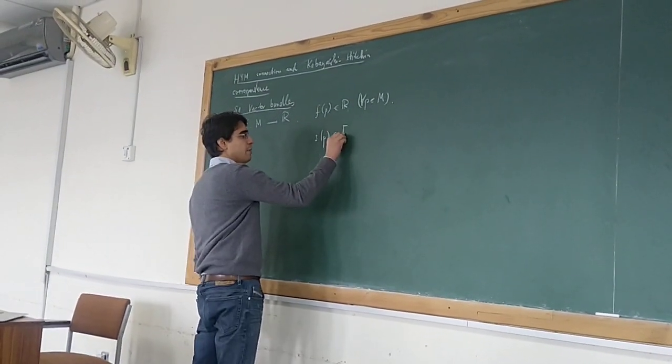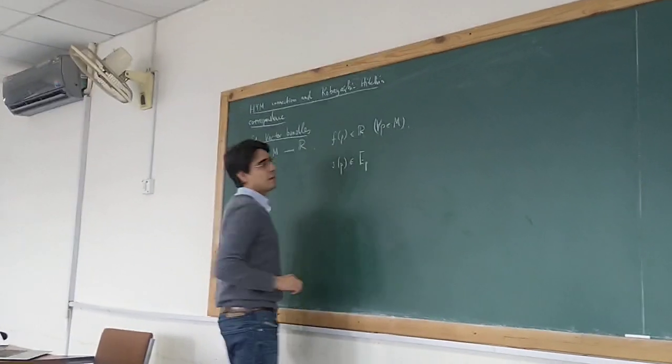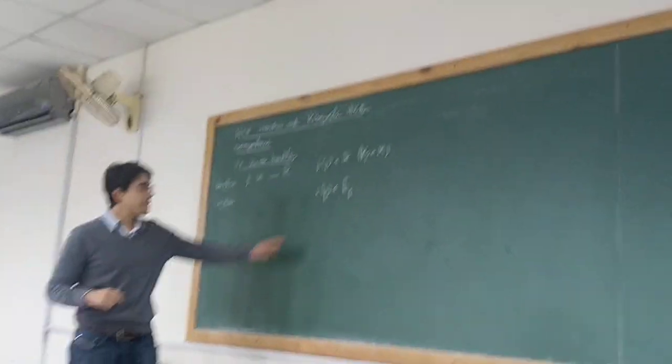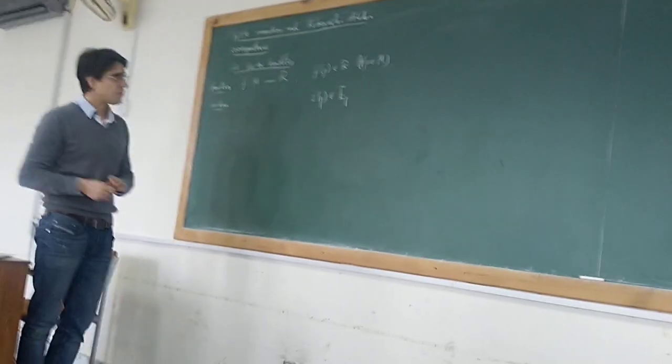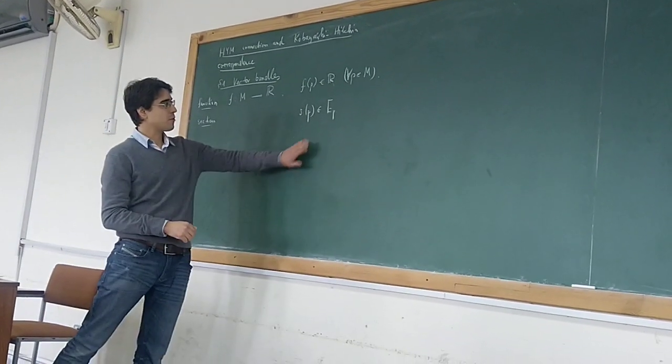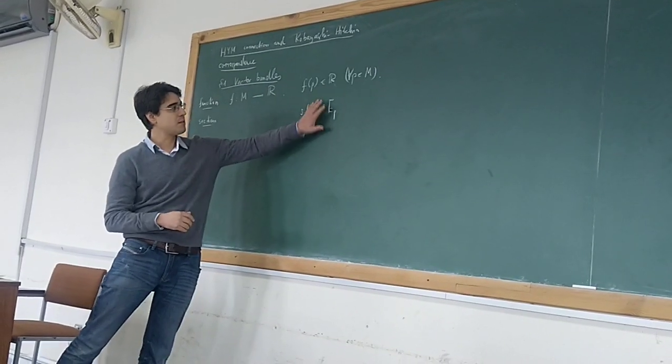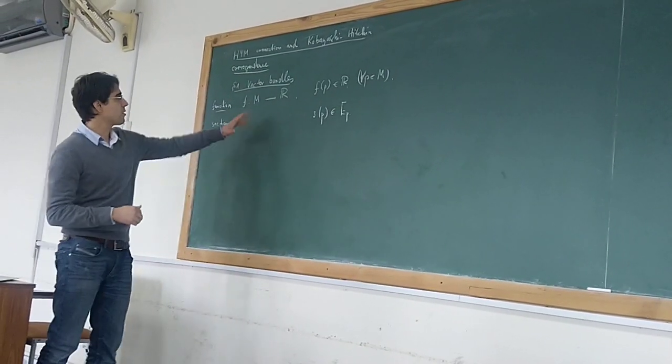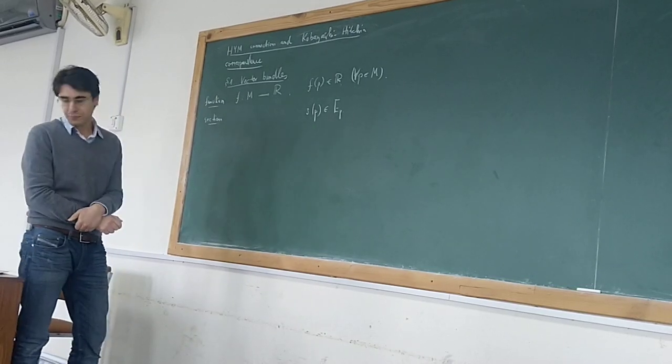So s of p will be an element of some set E of p that depends on the argument p. The first thing I'm going to explain is what these E of p's are. They're going to form what's called a vector bundle.